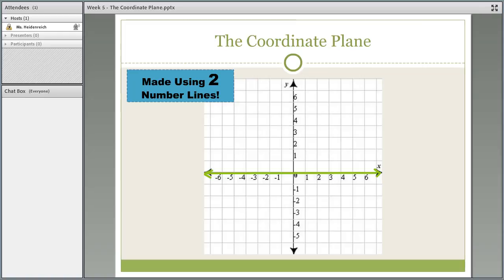That's a regular old number line. And then the other line is going up and down, and the 0 is in the middle, and the negative numbers are down below, and the positive numbers are up on top. So the positive numbers are on the right side and on the top, and the negative numbers are on the left side and then down below.